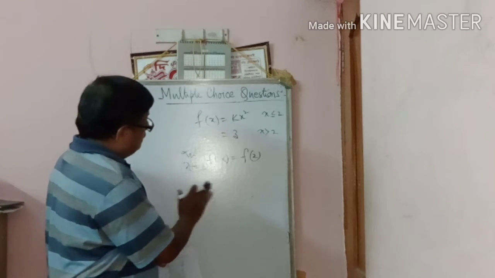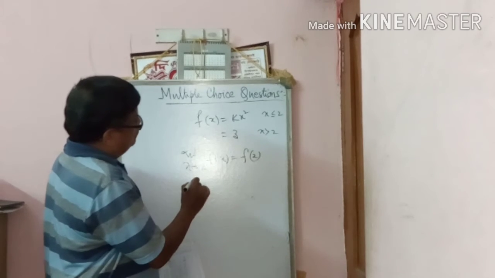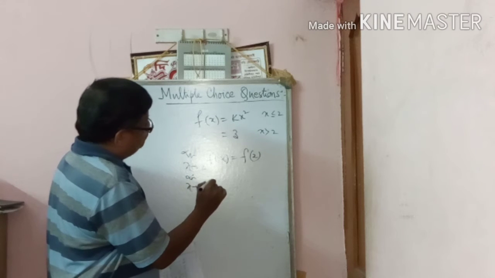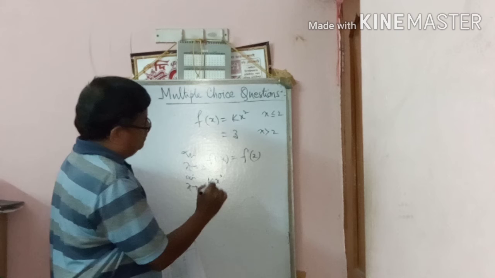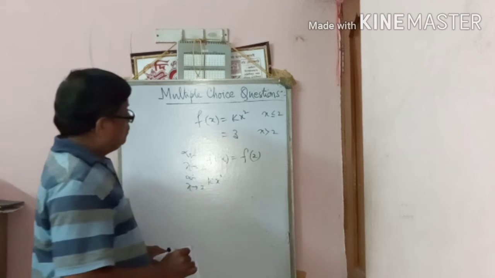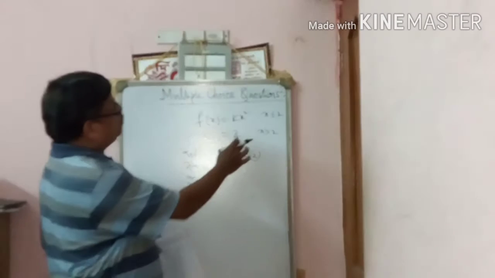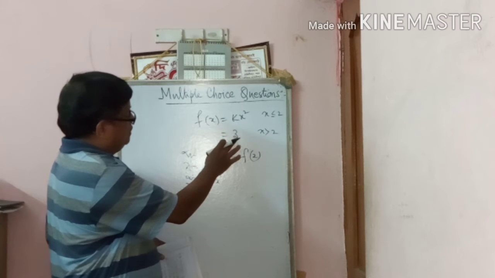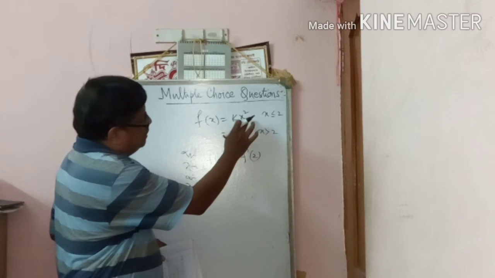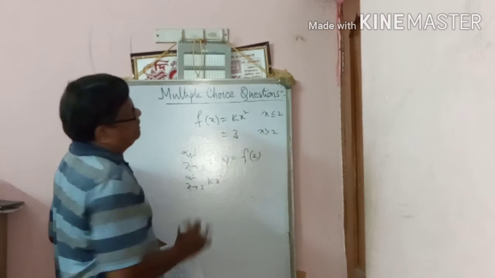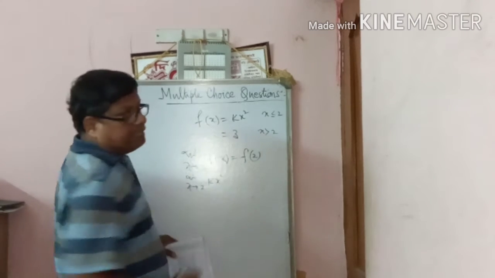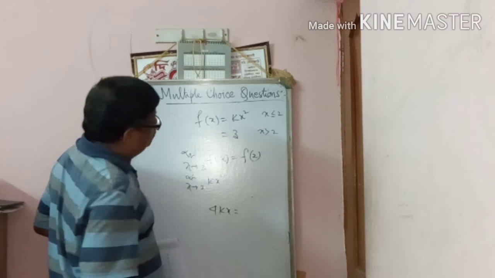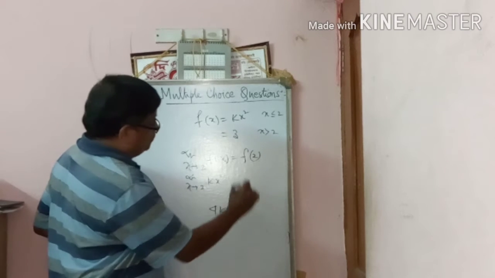So here, limit as x tends to 2 of kx square, and for x greater than 2, 3 is given. So here we can write 4k equals 3.